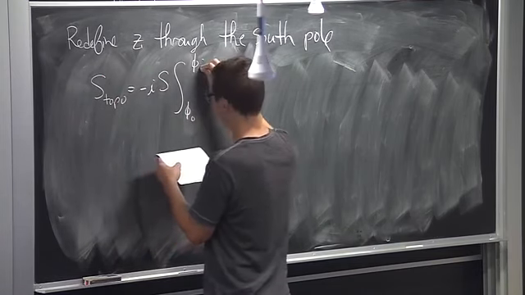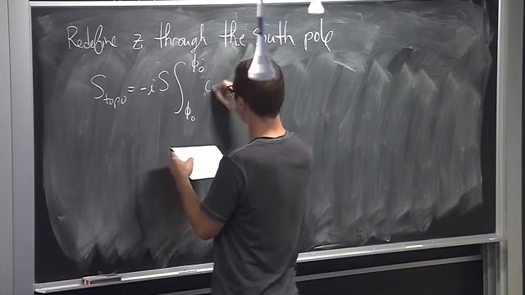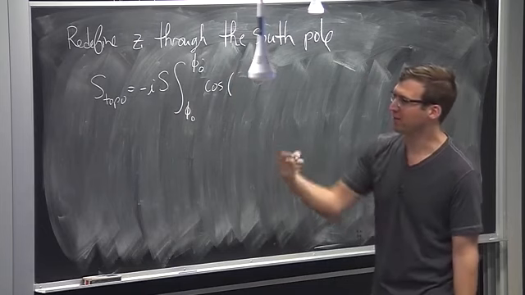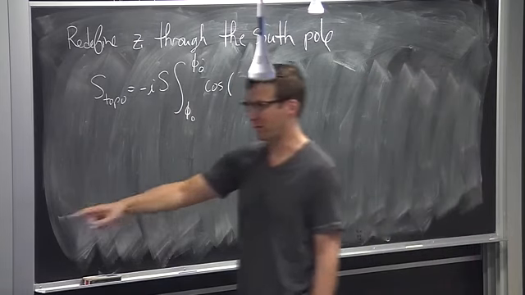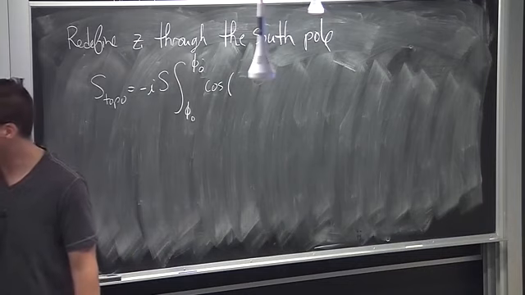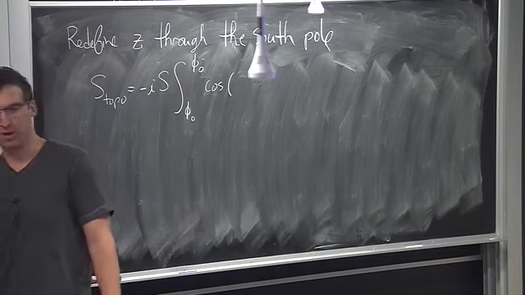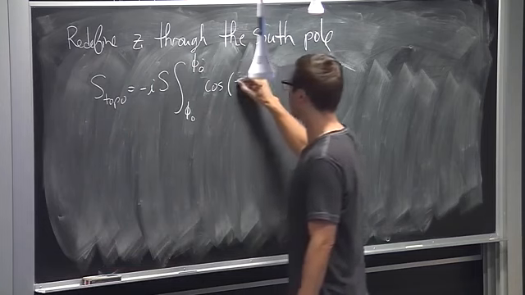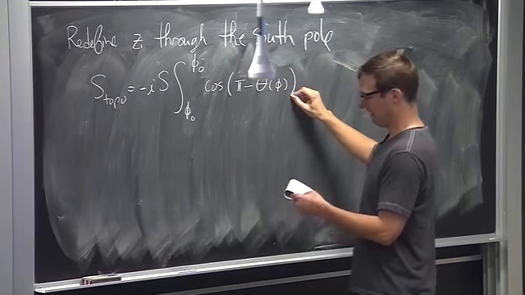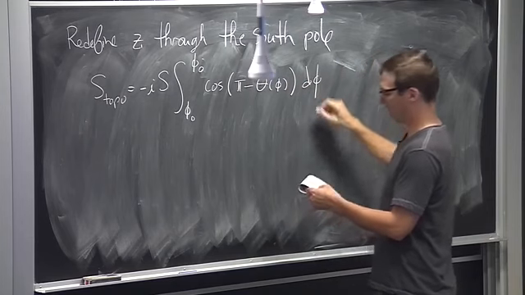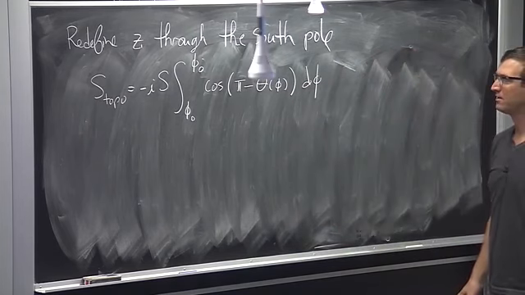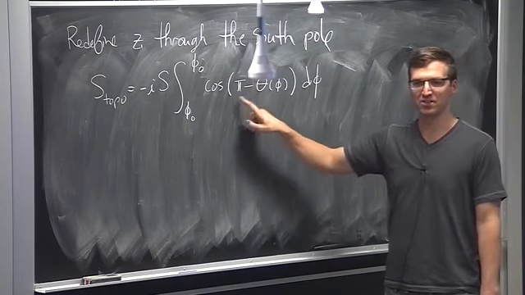Let me parameterize it with phi. But now I need to define my angle. Remember, I'm traversing the same path. But instead of being theta down from the north pole, I'm pi minus theta up from the south pole. So you can write it like that. d phi.